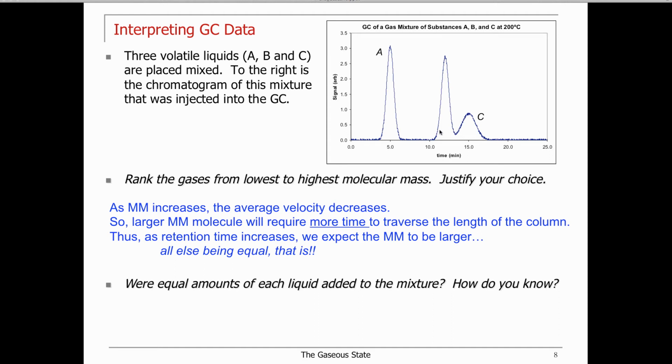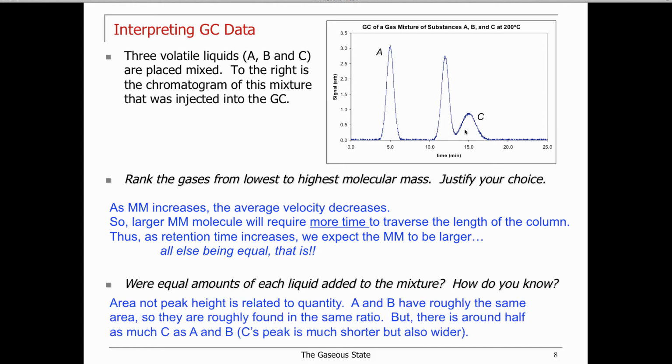The area is always the base times the height, so A and B are roughly the same. C, on the other hand, is much shorter, but it's much wider. In fact, I created this gas chromatogram with this simulator, and A and B are exactly identical, and C is exactly 1/2 of A and B in terms of its composition. So just so you can see that written down, here's the same explanation.